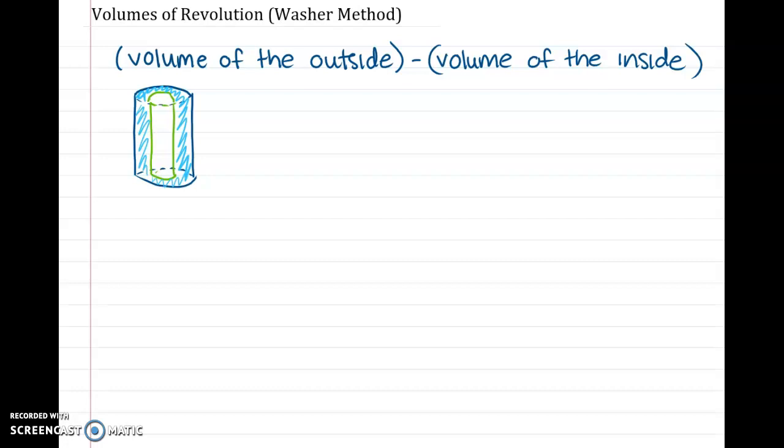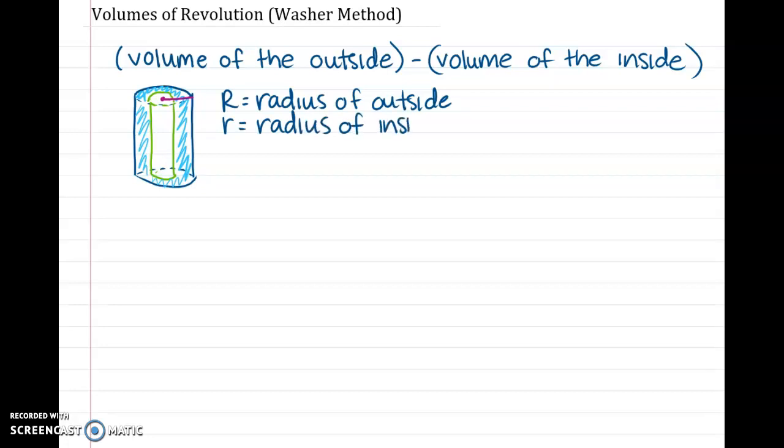If we think of uppercase R as the radius of the outside, meaning from here to the outside, and lowercase r as the radius of the inside, here to here, the same on any side, by the definition of a radius.